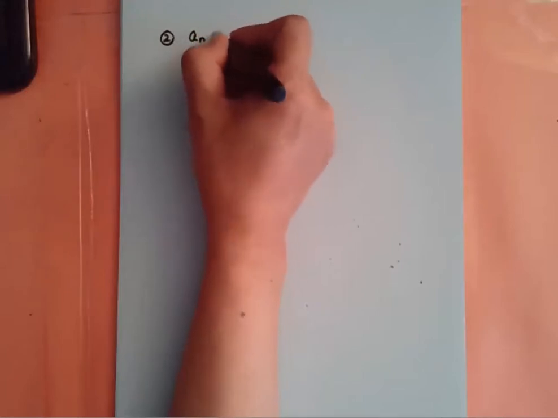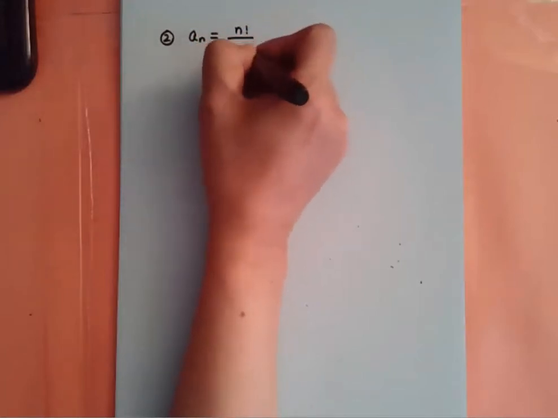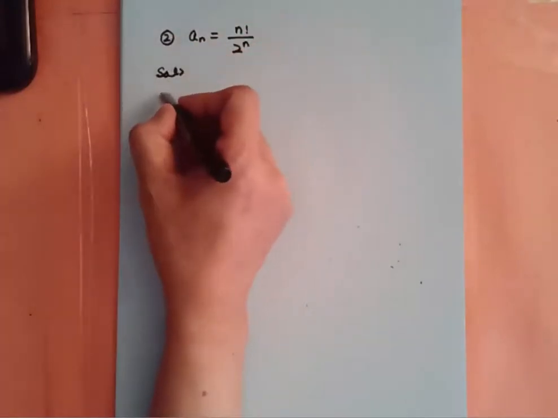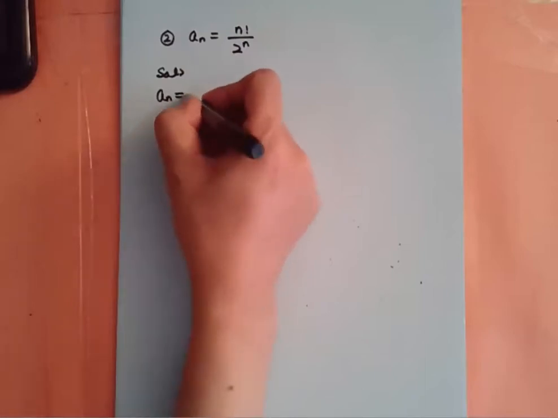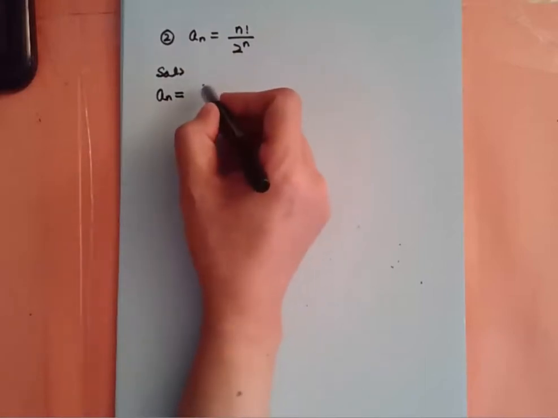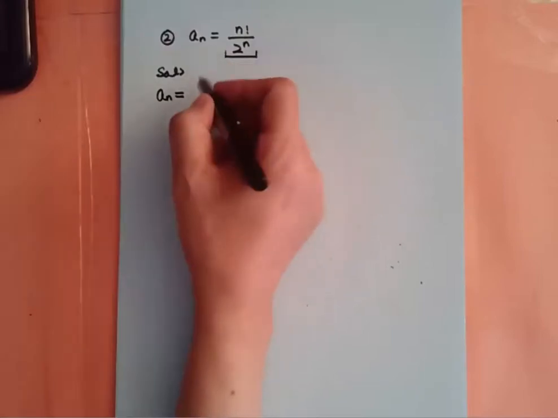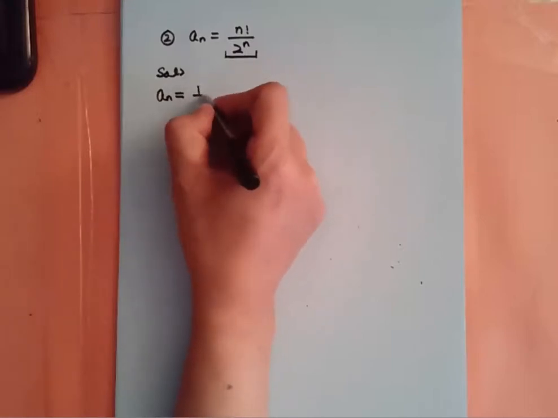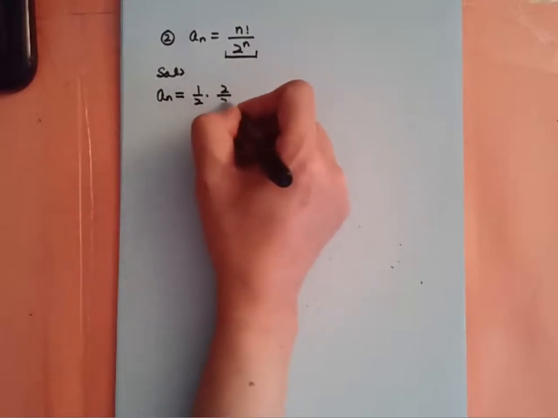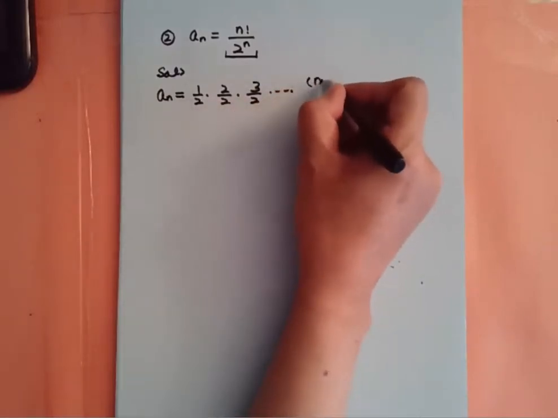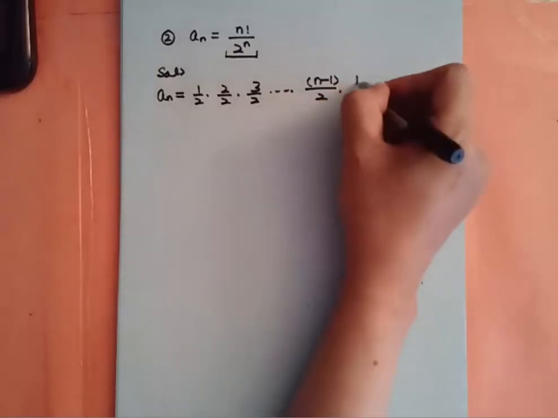The second question is a_n equals n factorial over 2 to the n power. So a_n can be written with just a denominator of 2 in each factor: 1 over 2 times 2 over 2 times 3 over 2 and so on, times n minus 1 over 2 times n over 2.